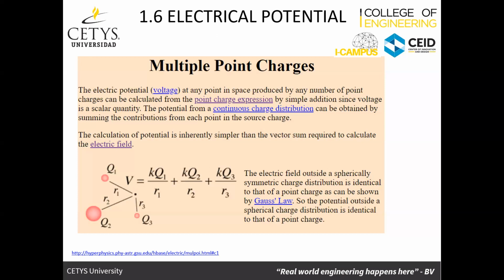We also mentioned that if we have many charges in space, the positive charges are going to add a positive potential, and the negative charges are going to add a negative potential. Meaning that if I have a positive charge and I'm moving it against the electrical field, there's going to be a repulsion force, right? So the positive charge is going to be trying to push me away.